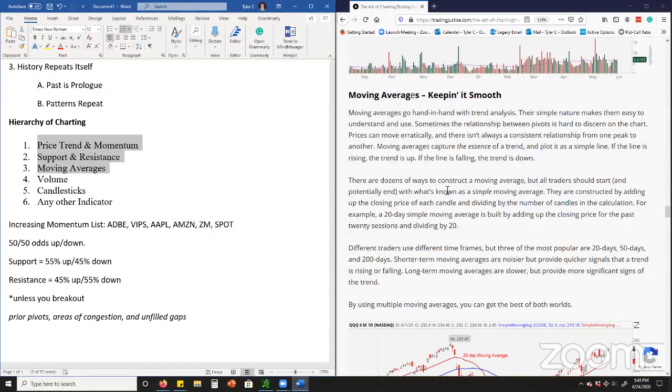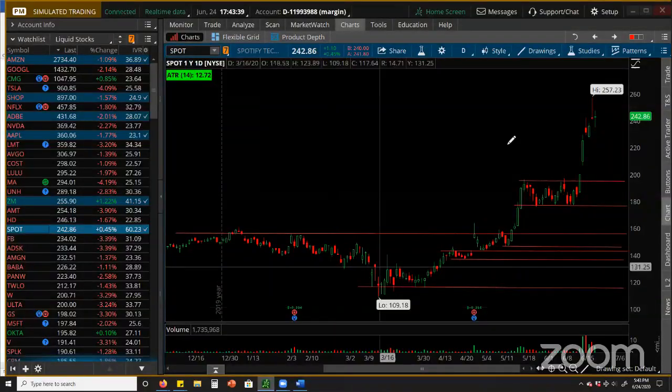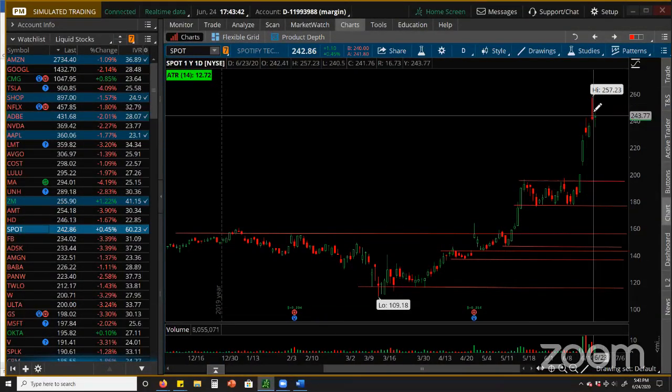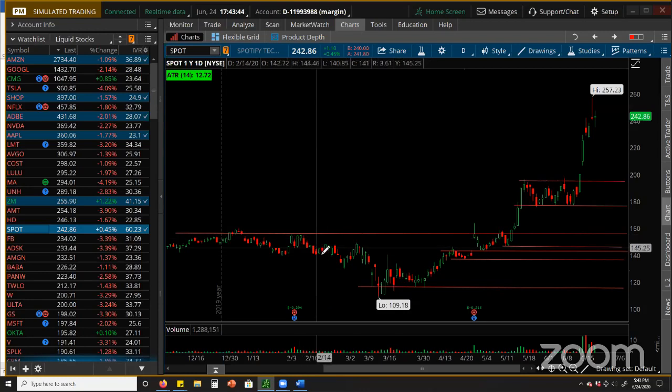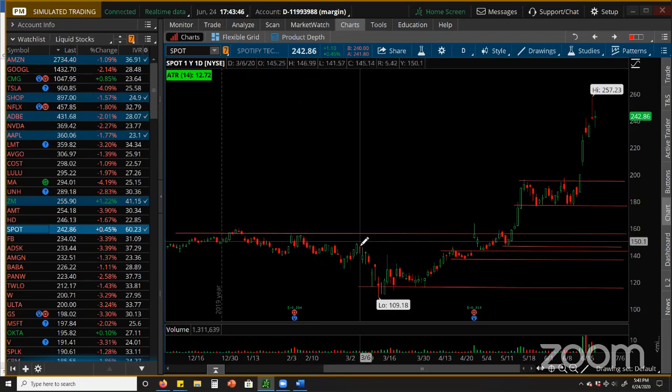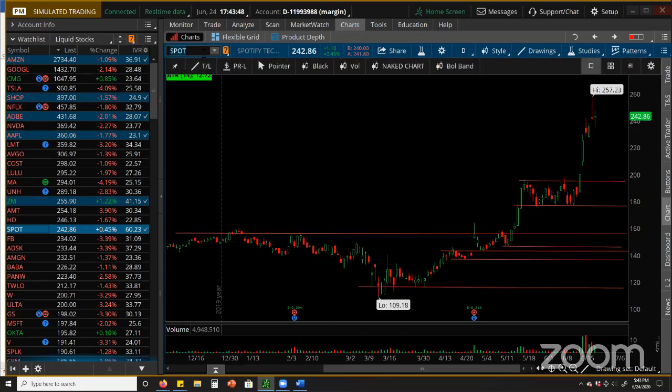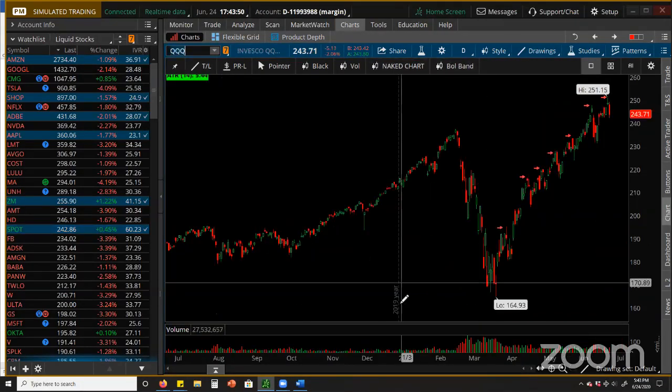And one of the easiest ways to use a moving average is just as a proxy for what the trend is. It smooths everything out. As I was identifying some of these candles, some of the pivots, sometimes it's messy, the relationship between those pivots. When I was looking at the NASDAQ, it was pretty clear.